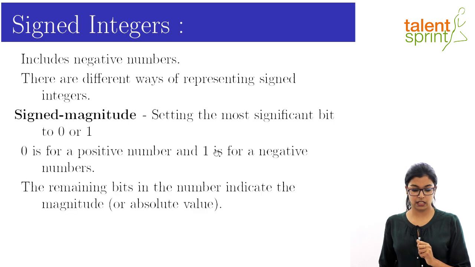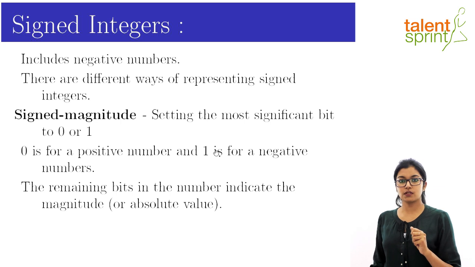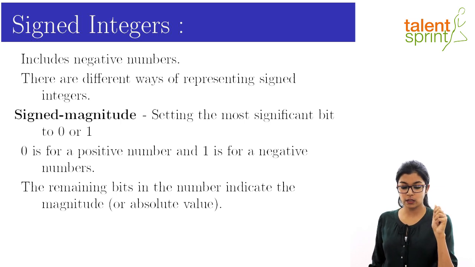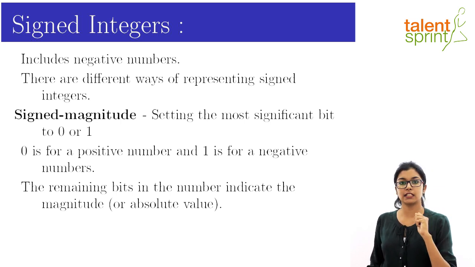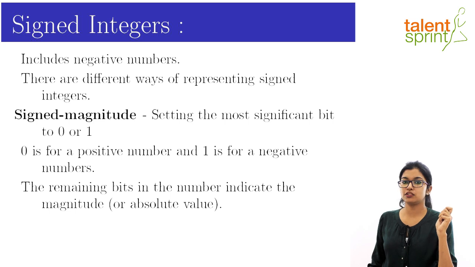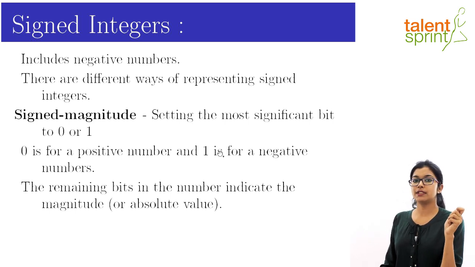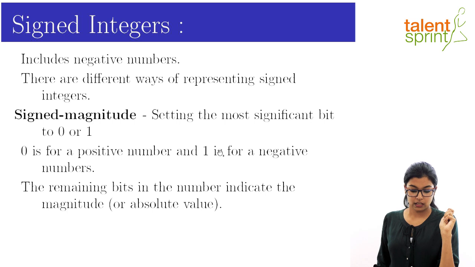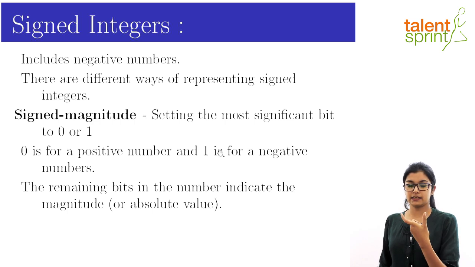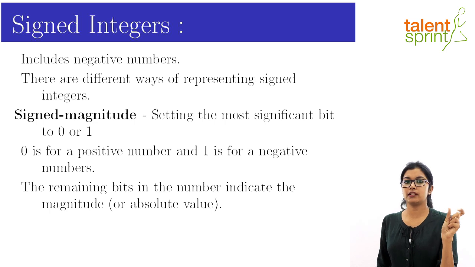Let's see. 0 is used when the number is positive and 1 is used when the number is negative. So if the leftmost digit of the bit pattern is 0, that means your number is positive, else the number is negative. The remaining bits in the number, as I said, the remaining 7 bits will indicate the absolute value of the number.